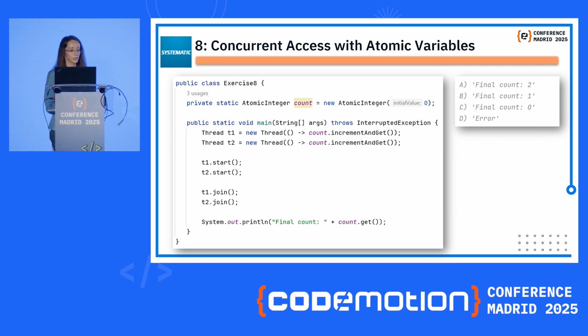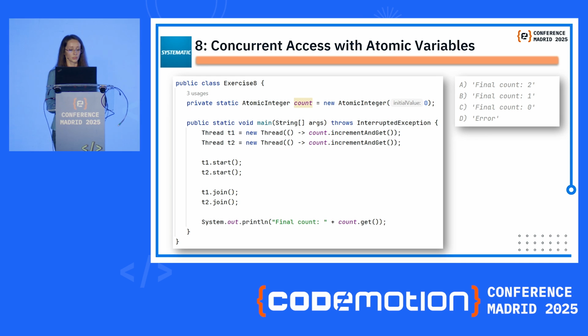And let's see what you think the correct answer will be in this case. So first of all, we have an initial value for that atomic integer of 0. Then we have two threads where we are using increment and get. We are starting them, joining them, and getting the final count at the end. What's the right answer? You can submit the answers now.